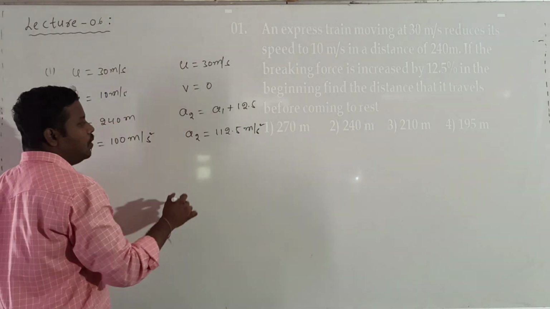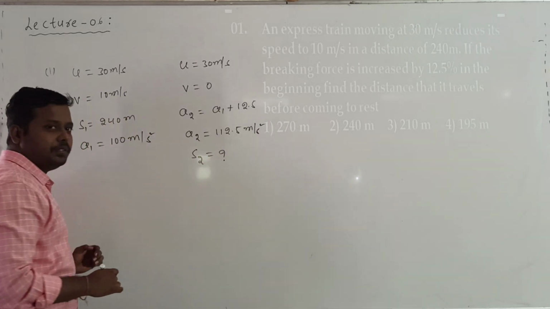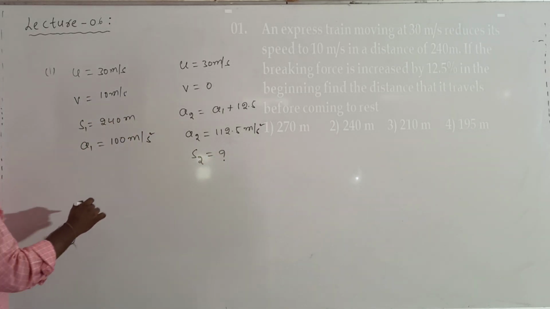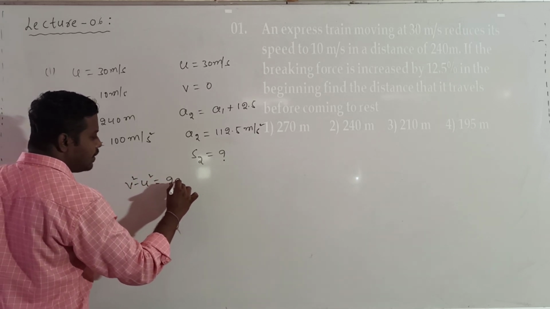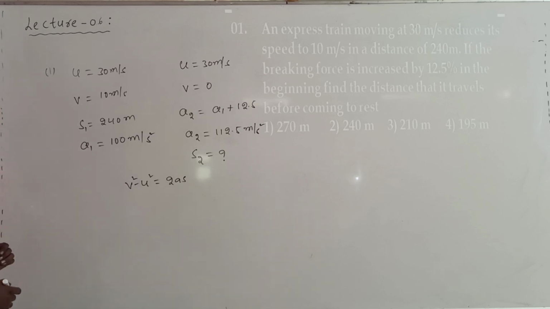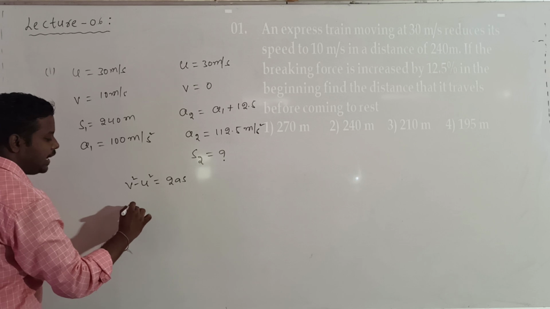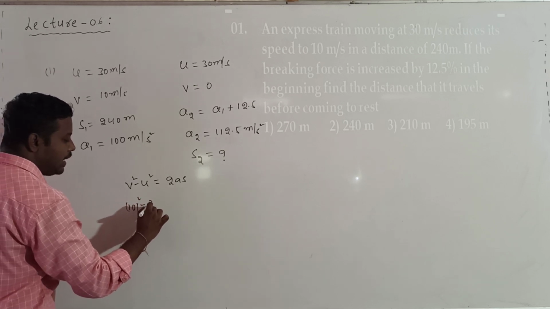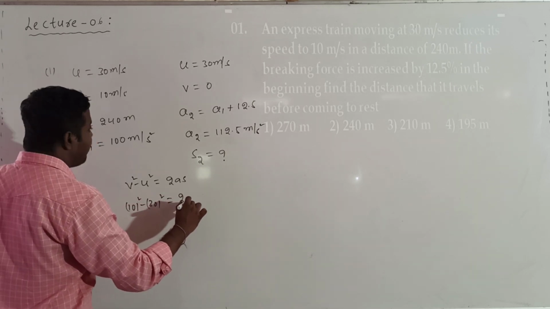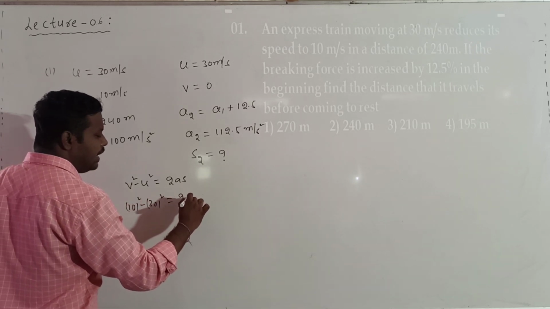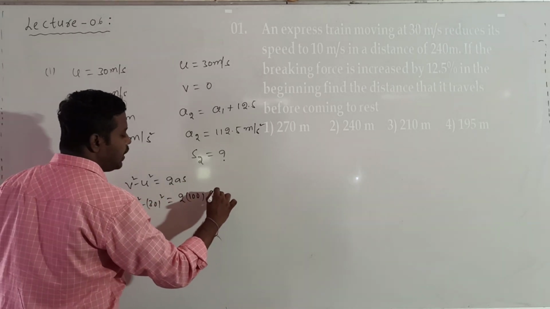Now what they are asking us to calculate is the distance travelled. According to the third equation of motion, v square minus u square is equal to 2as. By using this equation, the first time, final velocity 10 square minus 30 whole square is equal to 2 into a1 value 100 into s1 value, which is given as 240.